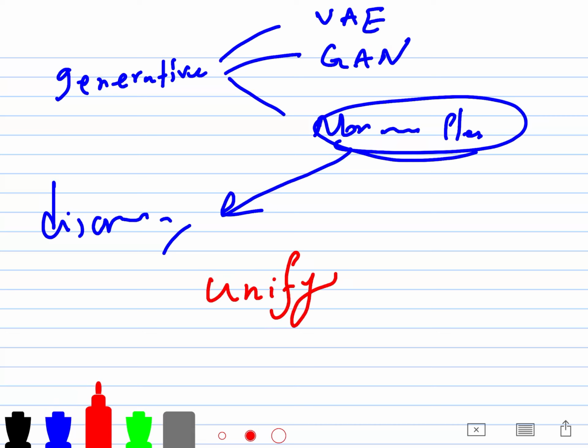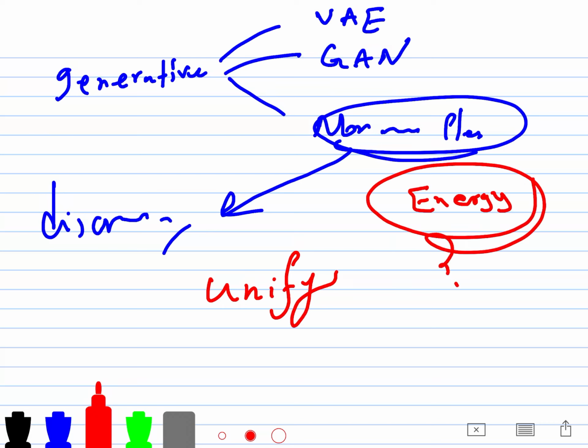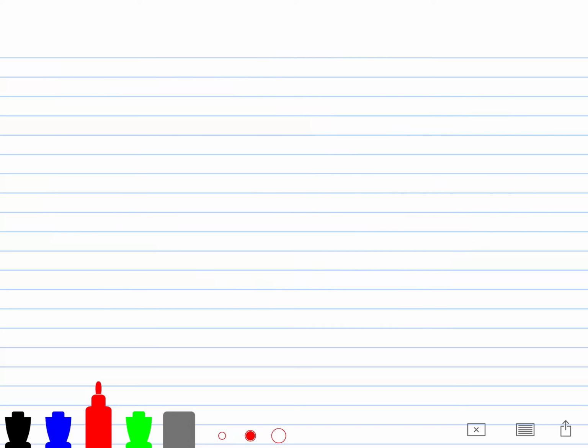The goal of machine learning should be unification of all of these methods. What if you create a framework called energy that can somehow unify all of these paradigms? Because if you unify paradigms, you get some pure ideas. And so generalization is not just making machine learning more beautiful, but because we want to understand what we haven't understood yet.